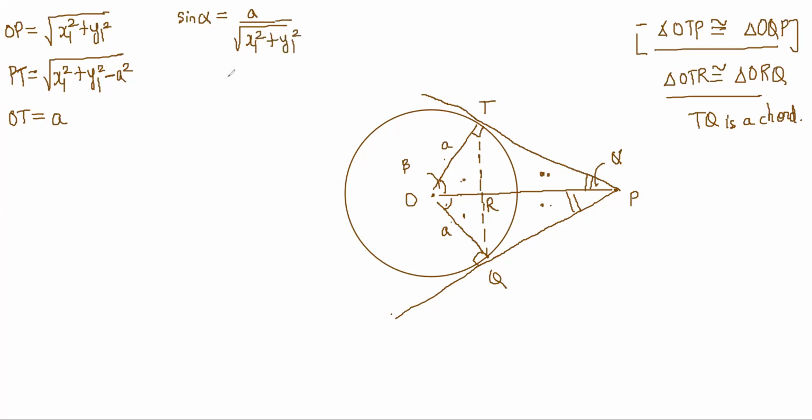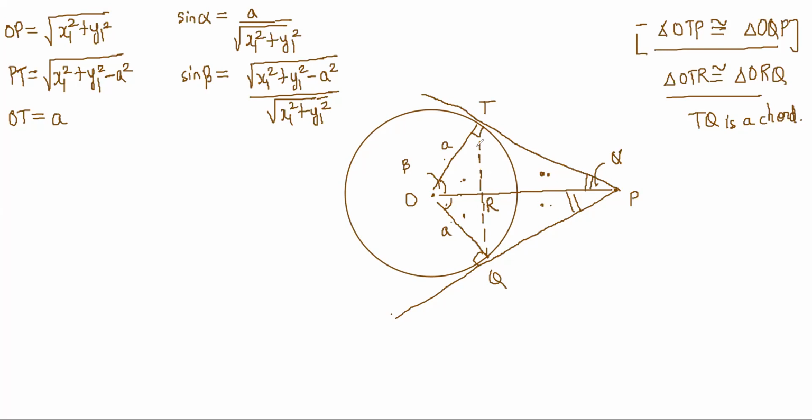Correct. And sine beta will be equal to perpendicular PT, PT is this, by hypotenuse this, right? Now, what is the length of TR?